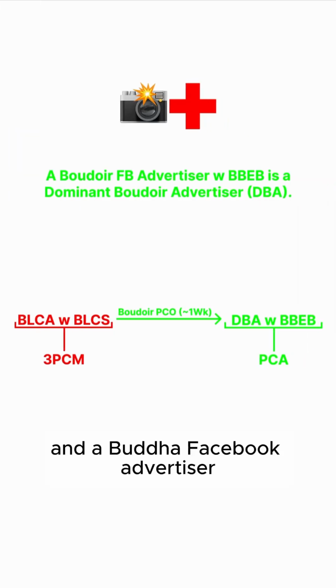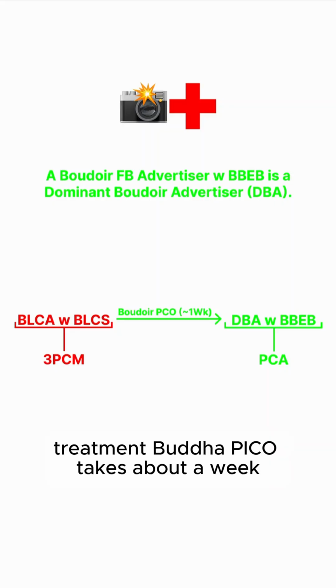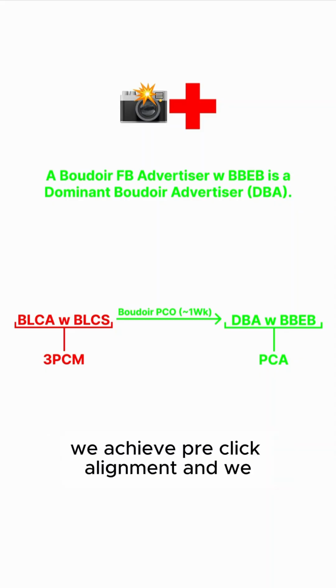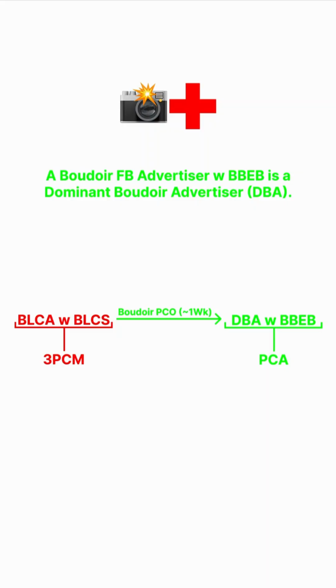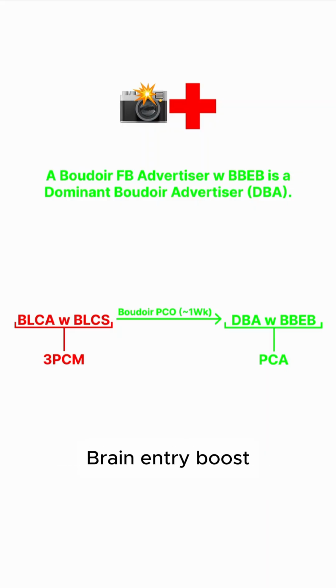And a boudoir Facebook advertiser with boudoir brain entry boost is a dominant boudoir advertiser, a DBA. So this is our full universe here. A BLCA with BLCS is caused by the 3 pre-click mistakes. Treatment, boudoir Pico, takes about a week. We achieve pre-click alignment, and we become a dominant boudoir advertiser with boudoir brain entry boost.